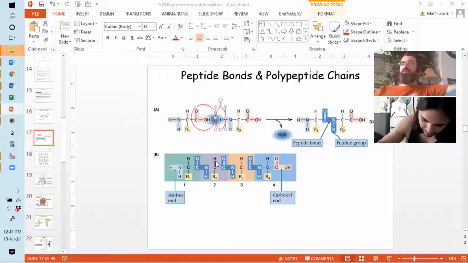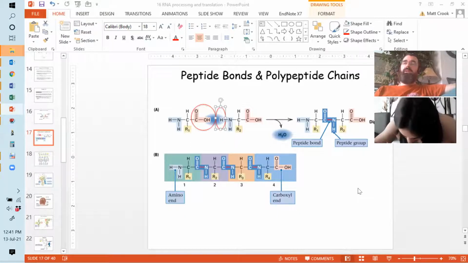Yeah, so carboxyl is the COOH. That's the name of that group. And within that, you have an OH, which is the hydroxyl. So you can have OHs other places, like in sugars, for example. But in this case, it's part of the carboxyl group.